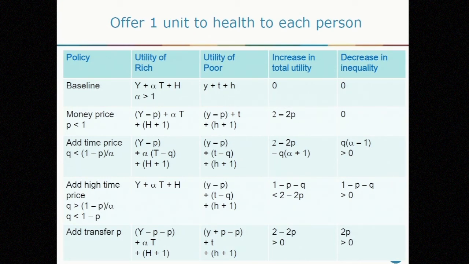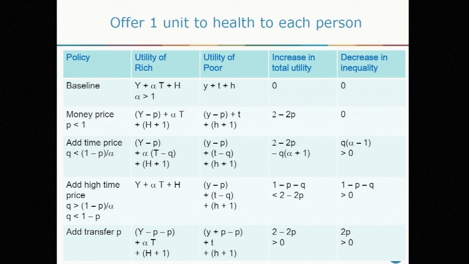What if we make the time price large enough such that it's no longer worthwhile for the rich person to accept the health increment? So he will now have the same position as at the baseline. The poor person will still buy the health increment.